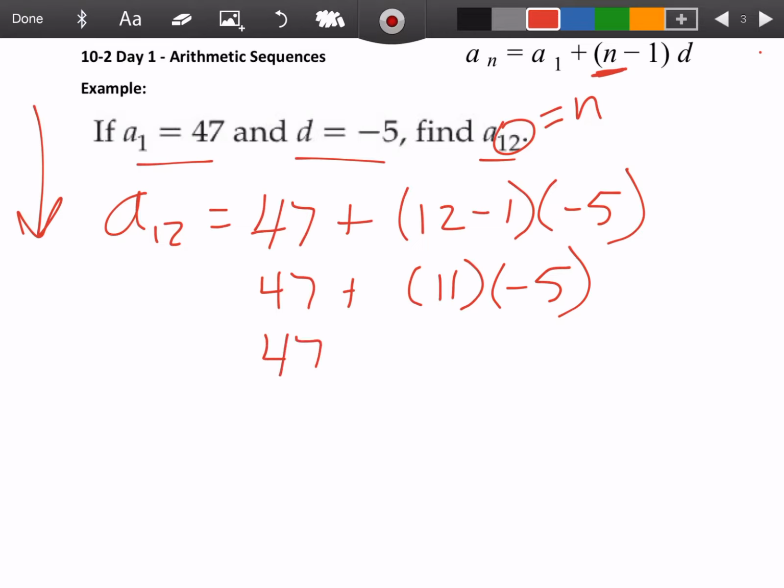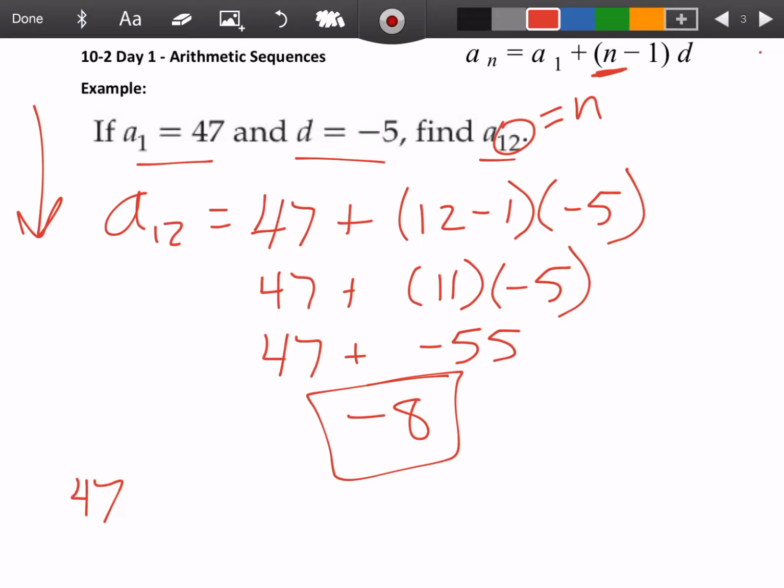We have 47 plus negative 55, that should be a negative 8. So basically what this means, if we had a sequence starting at 47, going down by 5 each time, so that'd be 42 and 37, and keep going all the way out to the 12th term, we would get to negative 8.